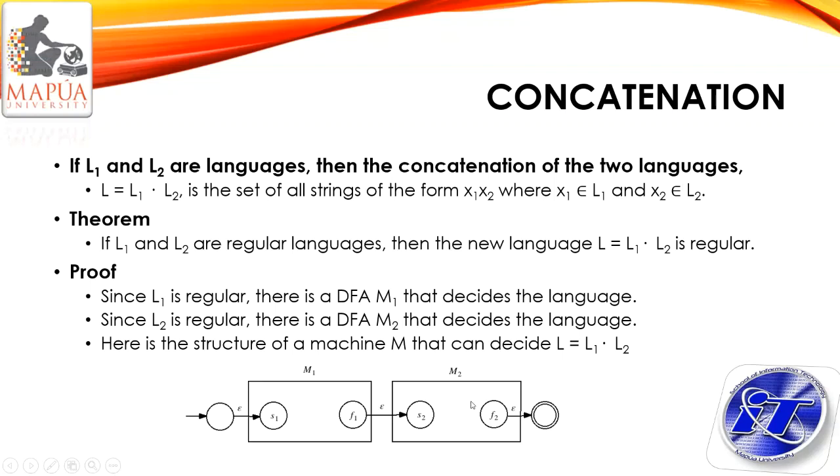Language 2 will be accepted by machine 2. Even if language 2 is not present in our string, it could still be accepted because of the epsilon transition. So M1 with epsilon will be accepted, or M1 followed by M2 will also be accepted. So concatenation of regular languages results in a regular language.